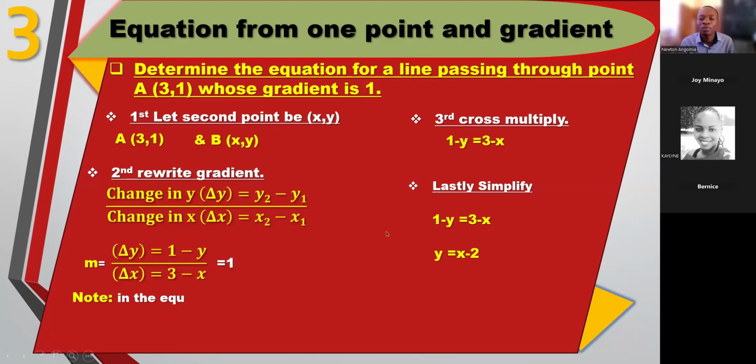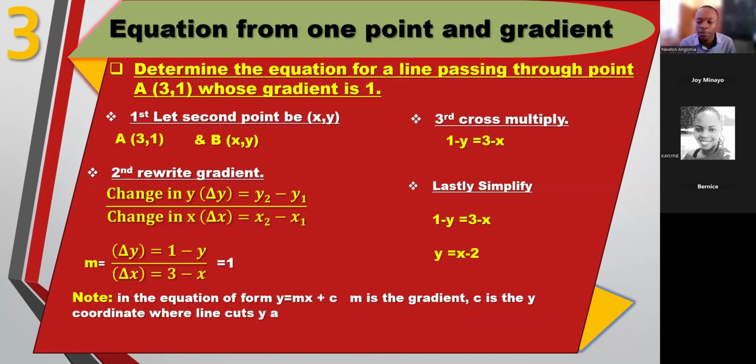So in this form that we are learning today, the equation is just in the form y is equivalent to mx plus c. And you can see the value of m is standing for gradient. The m here is the gradient. That is 1. When we got the gradient, it was 1, or we were given gradient is 1.